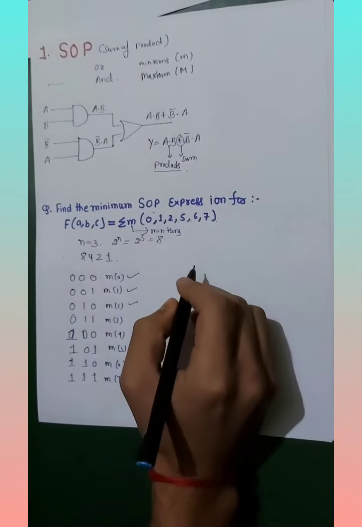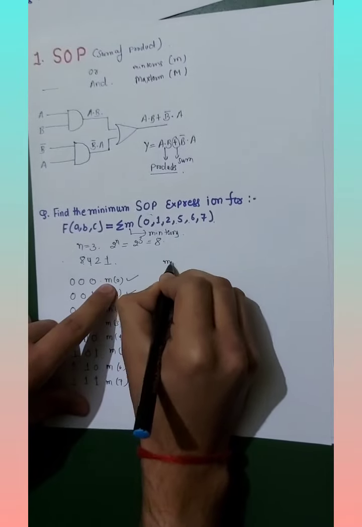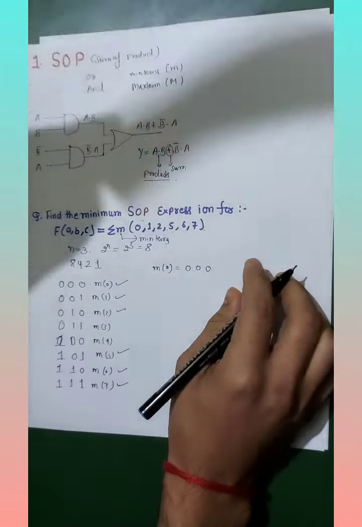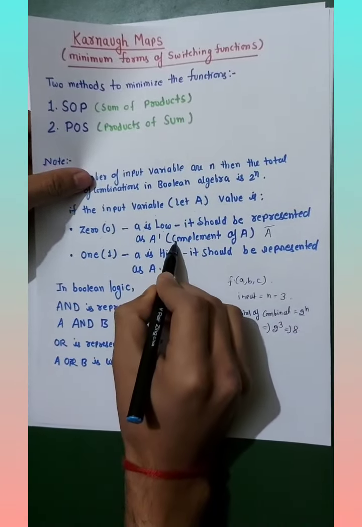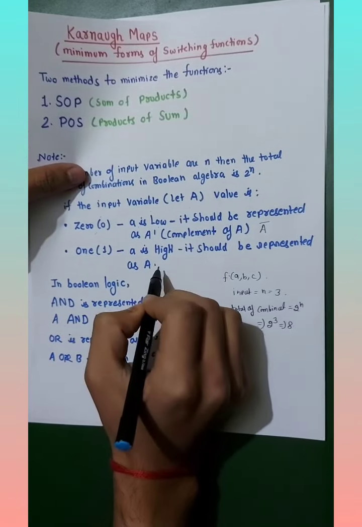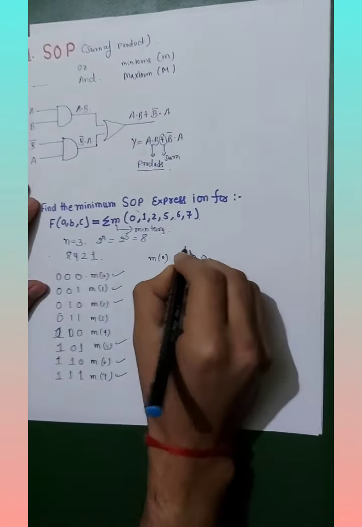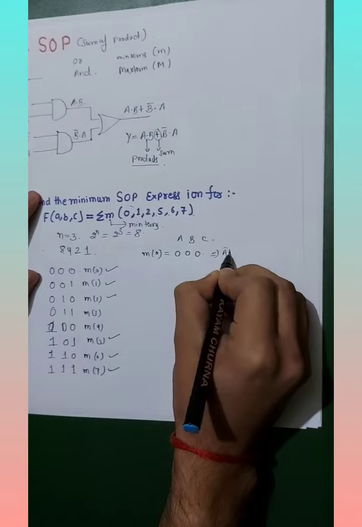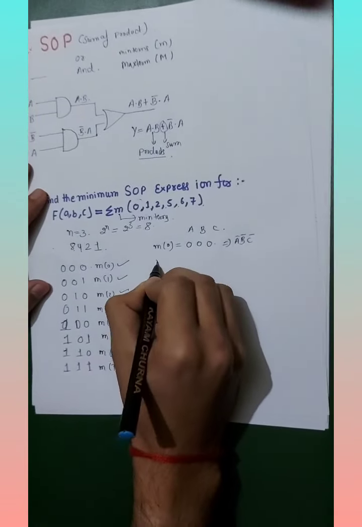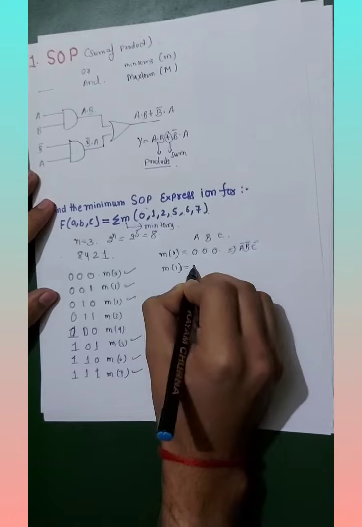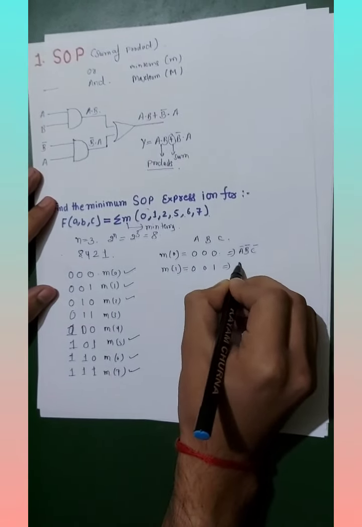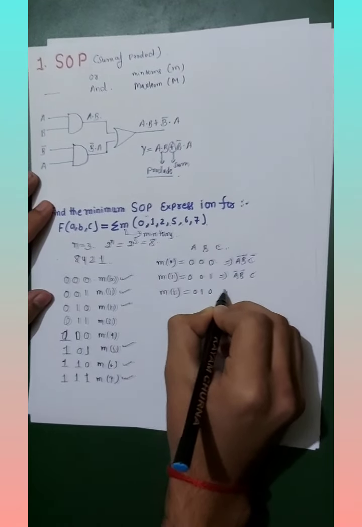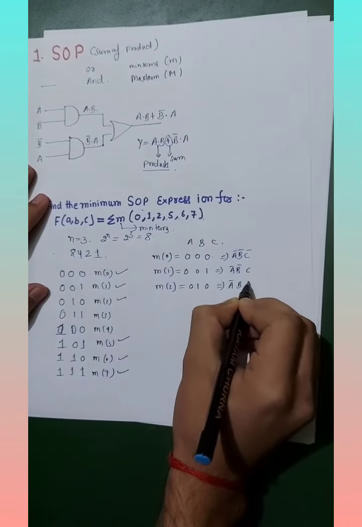So we will write the function according to this. For M0 we have 0 0 0, and in the previous slide we saw that 0 is represented as a complement, a bar, and 1 is represented as a. So this is a b c. Now we represent this as a bar, b bar, c bar. For M1 we have 0 0 1, so a bar, b bar, c. For M2, 0 1 0, a bar, b, c bar.